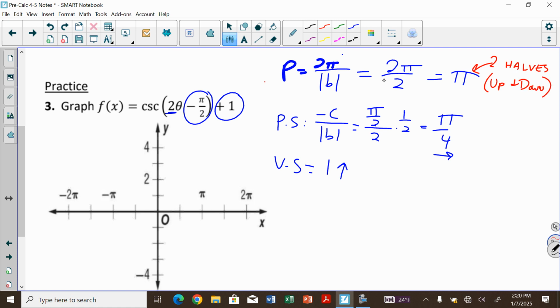So we have 2 halves that need to fit within pi, because that's our period. So one thing you might want to do is cut in half for your vertical asymptotes.